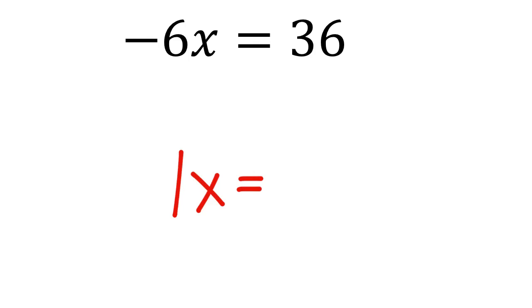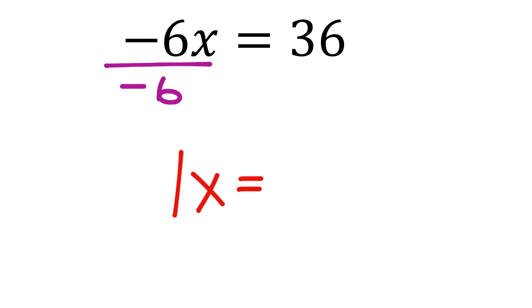So the real question is, right now I've got negative 6 times x. What I really want is 1 times x. So how do I change negative 6 into a 1? Okay, remember, one of the main skills we learn in this class is manipulating things to be what we want. How do I make a negative 6 a 1? Divide it by itself.